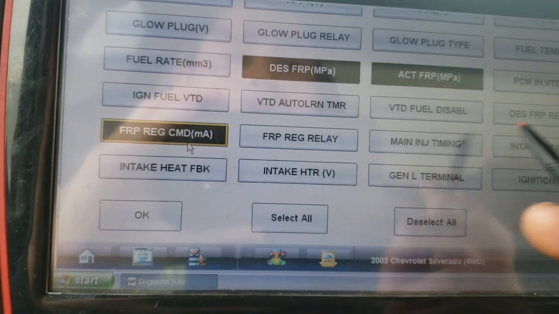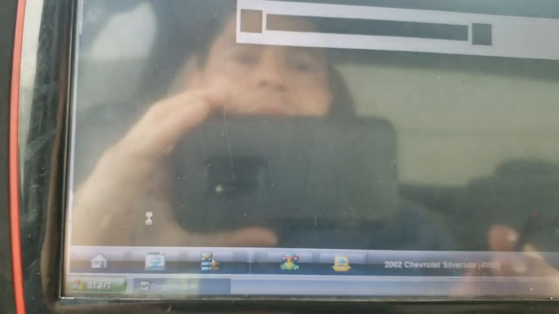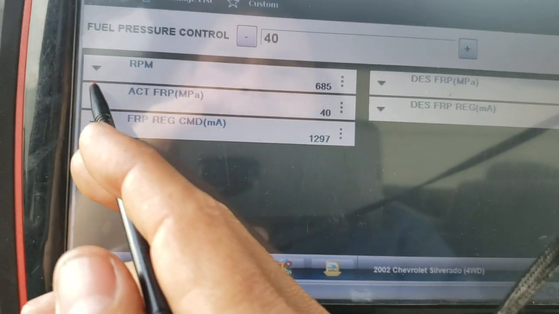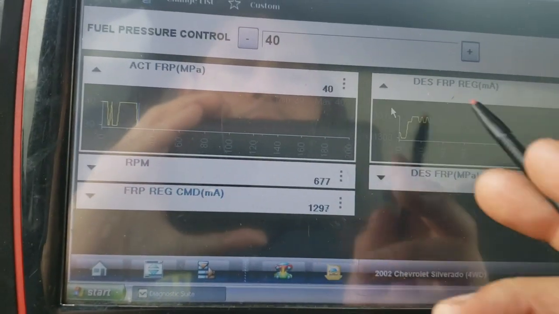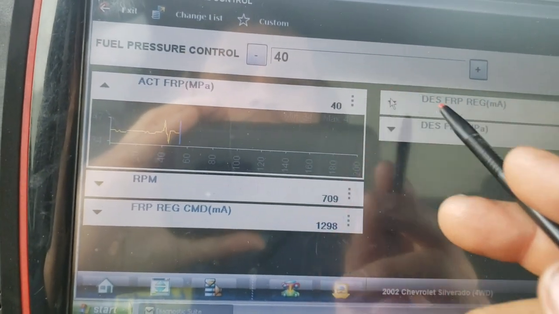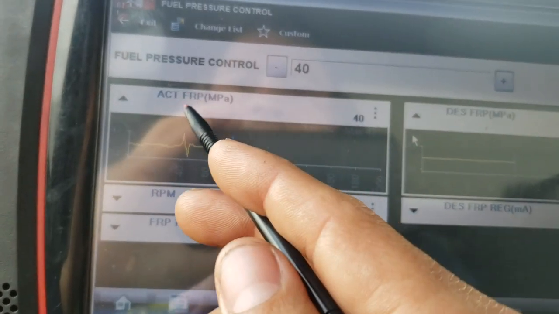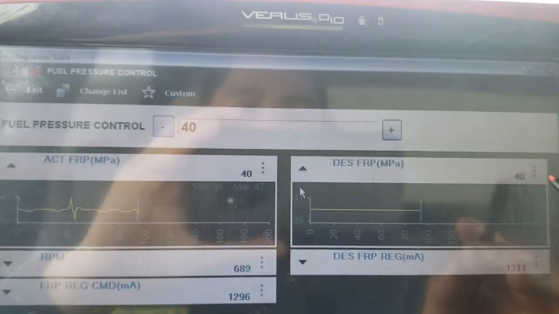Are we able to do what the computer is asking for? That's what we wanted to see. So I'll graph those two. We can see here, this is the desire here. No, oh, sorry, it's not that one, in megapascal right here. So this is the actual and this is the desire.